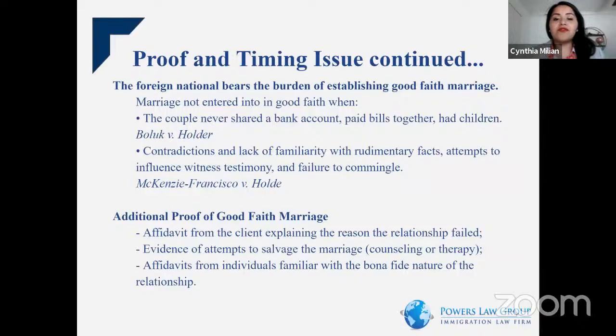It's also helpful to have affidavits from family members who were with you and experienced all this. If you had to go get counseling or therapy, include all of these evaluations and reports that can substantiate your claim of abuse or extreme cruelty.